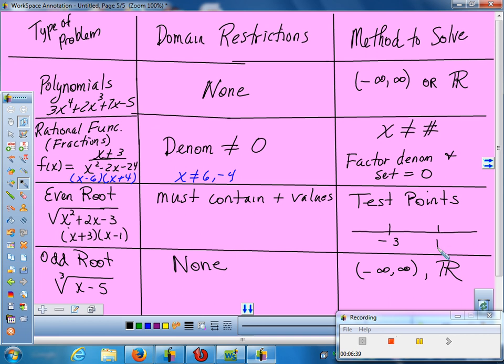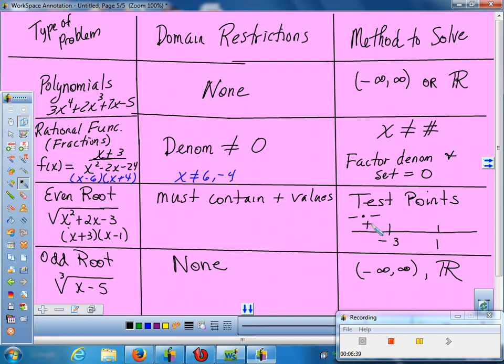What's a number below negative 3? Negative 4. You put it in here and see if you come out positive or negative. If I put negative 4 in there, negative 4 plus 3 is negative, and I would get a negative times a negative, which is a positive. So I know that everything below negative 3 will come out positive.